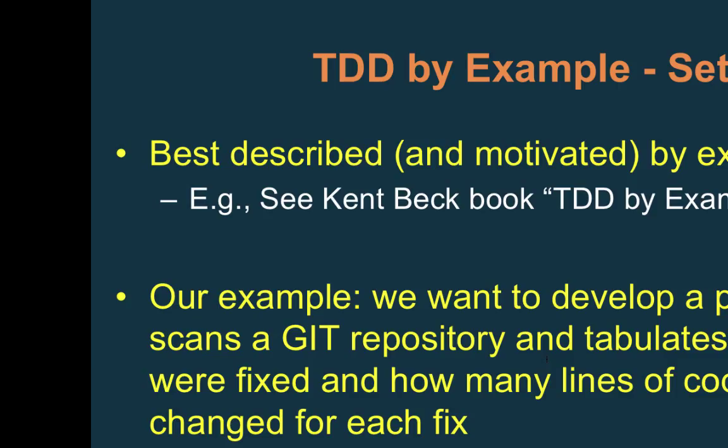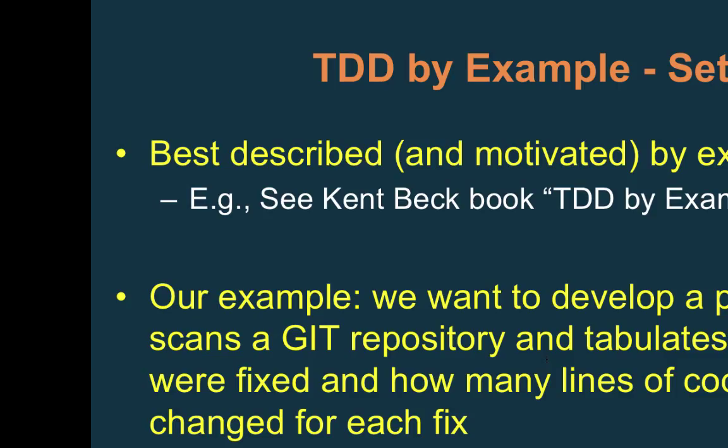The one that I picked is to write a simple program in Python that scans a Git repository and collects the list of bugs that were fixed recently, let's say, and how many lines of code each one required to fix. It's a small report based on Git.